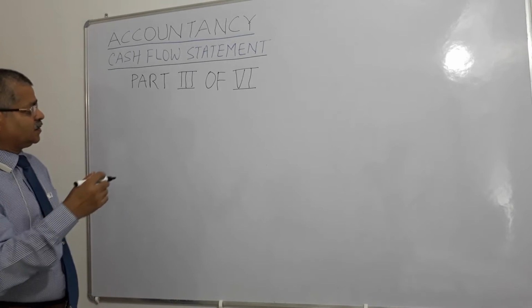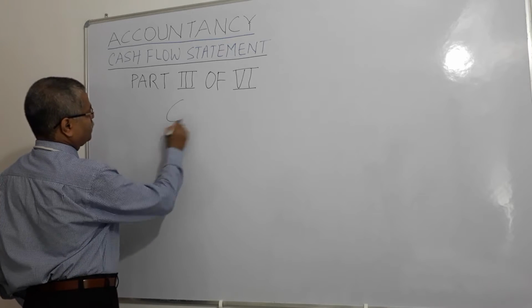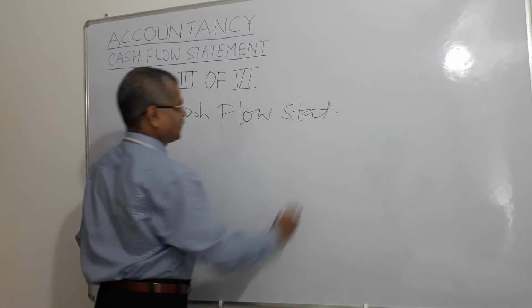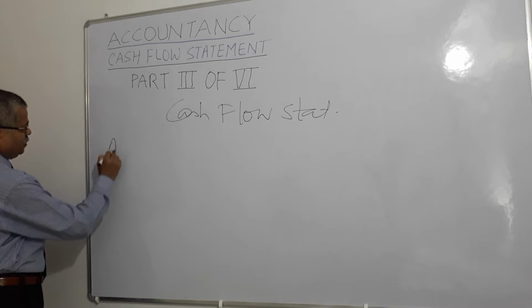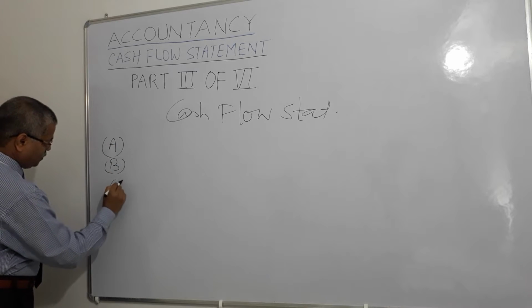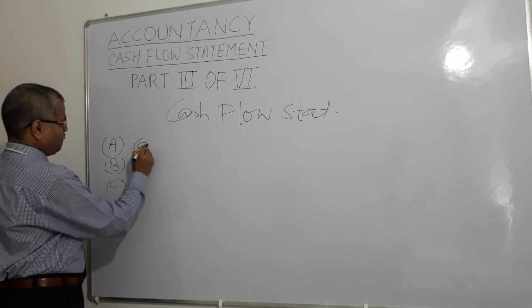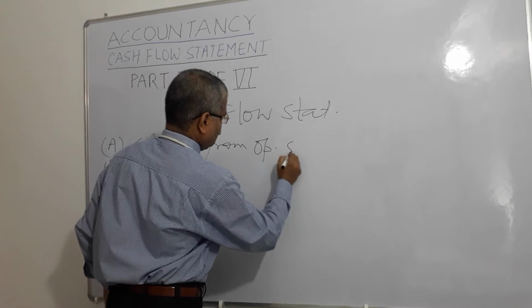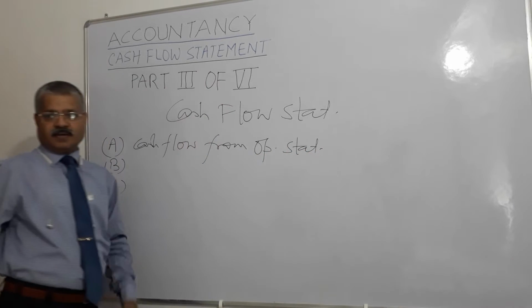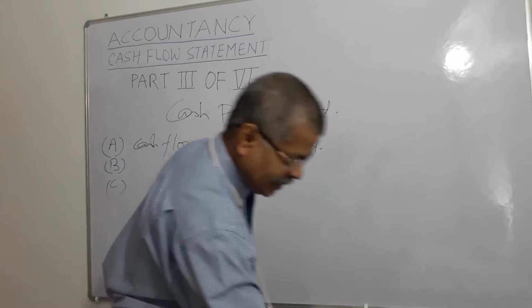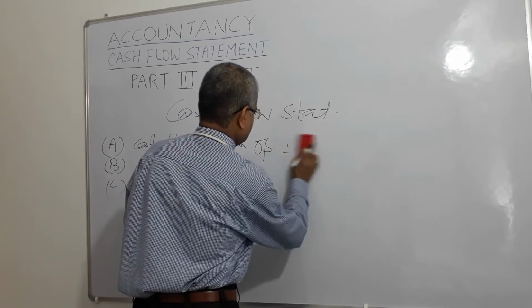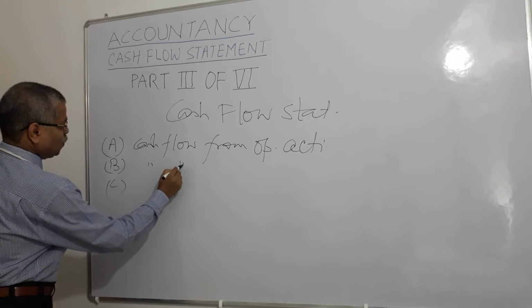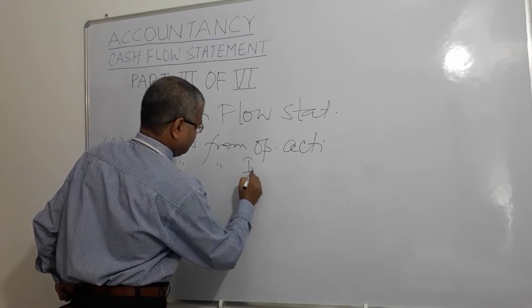First we will see how a cash flow statement is prepared. A, B, C. Cash flow from operating activities. Then cash flow from investing activities.